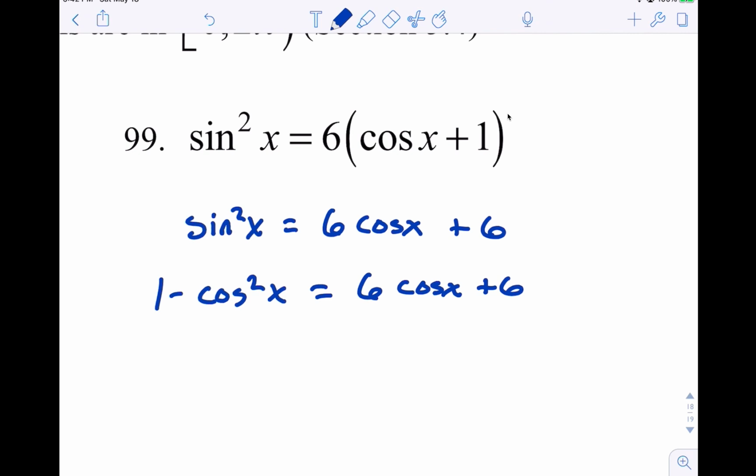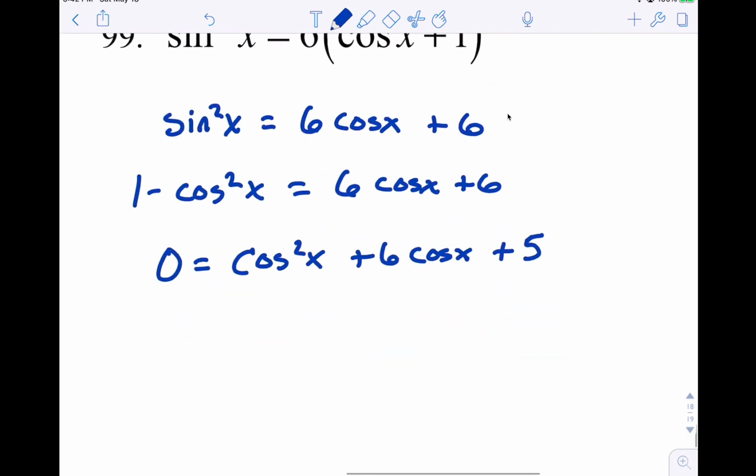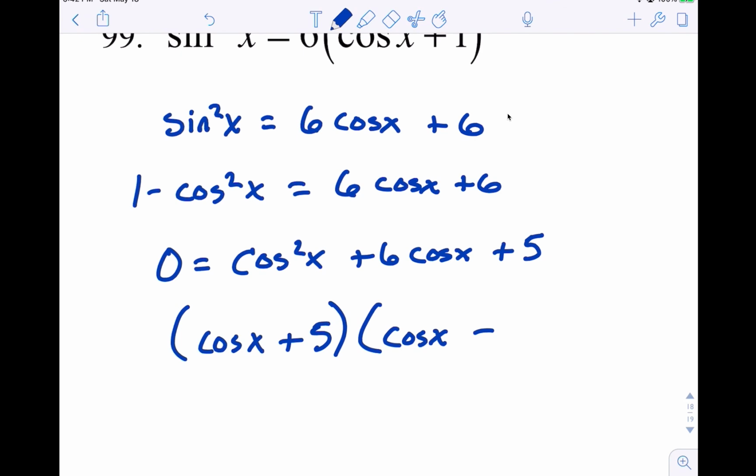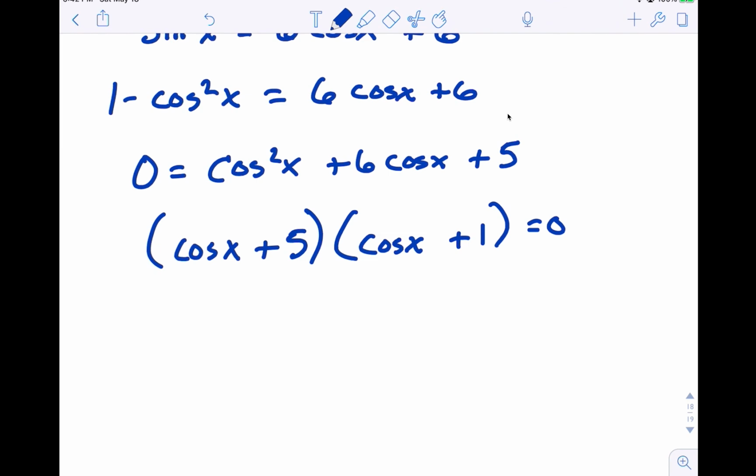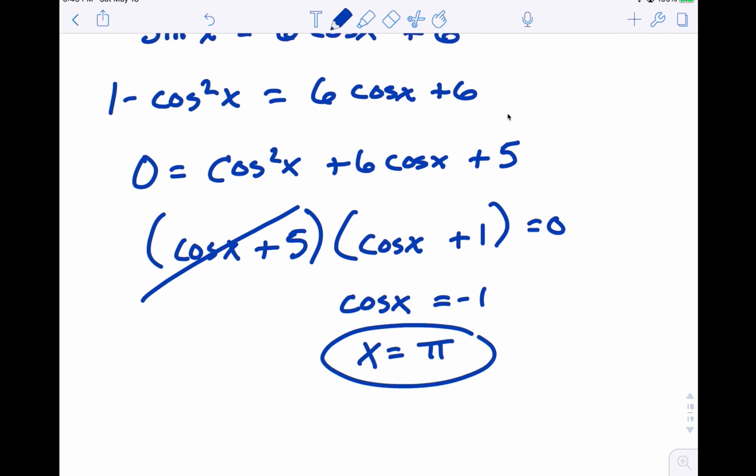So that's going to give me cosine squared plus 6 cosine plus 5, which is then cosine x plus 5 times cosine x plus 1. Now cosine x plus 5 isn't going to give me a solution because cosine will never equal negative 5. And then, so you got cosine x equals negative 1. So x is going to be pi.